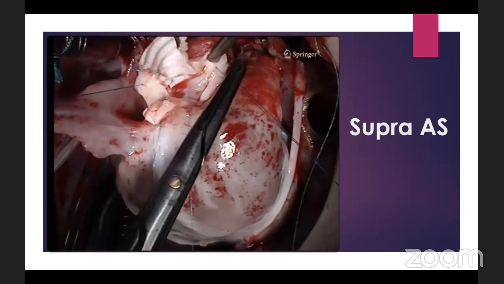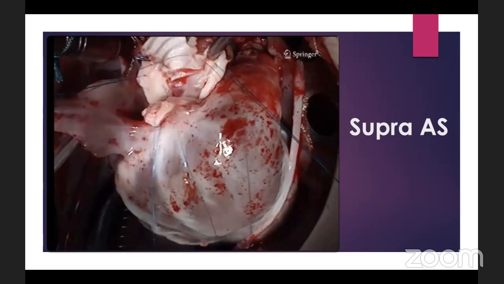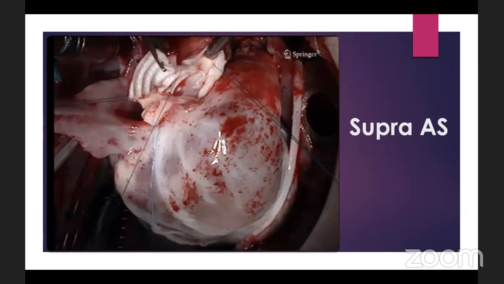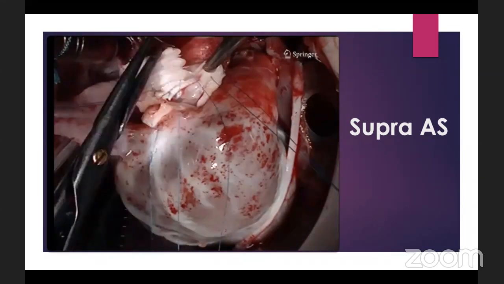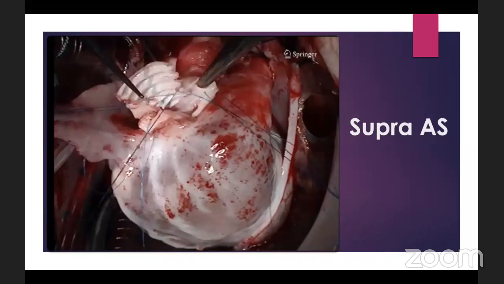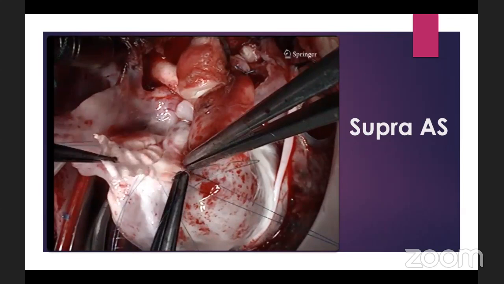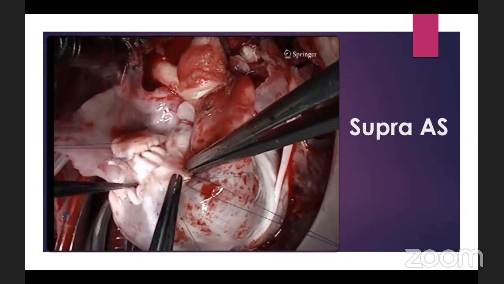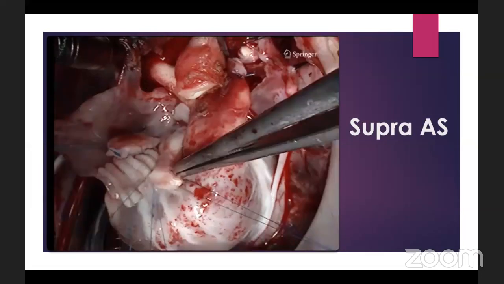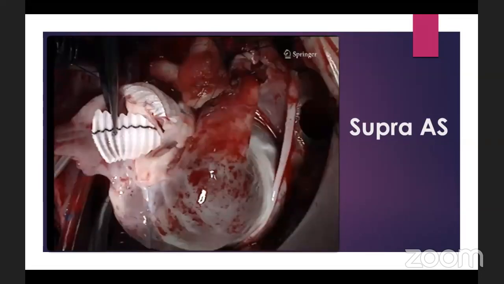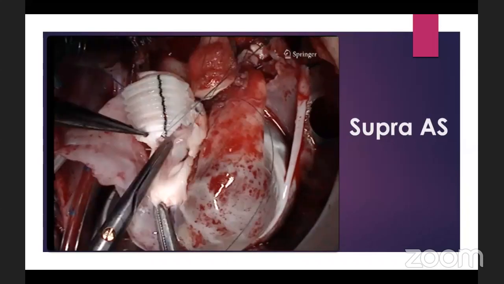Dr. Muhammad, you are using the same technique with same material, or you are using the pericardial patch? I personally use bovine pericardium. And in all honesty, I don't taper my patches like a triangle at the bottom.